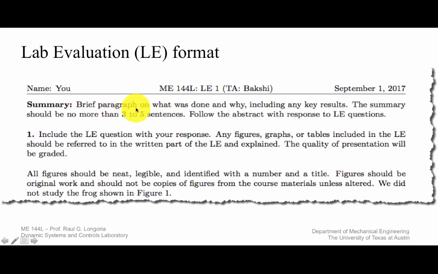What did you do? Three or four or five sentences, nothing long. It could be like an abstract, what was done, what was found out, and it should not be very long. And then start including each of your questions. Okay, so very simple format for you to follow. Your LE does not have to be typewritten, but it does have to be neatly written and legible.